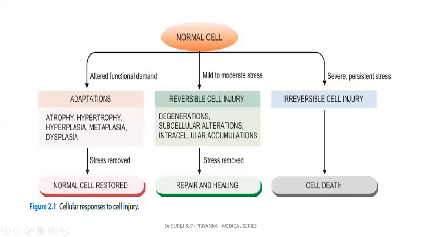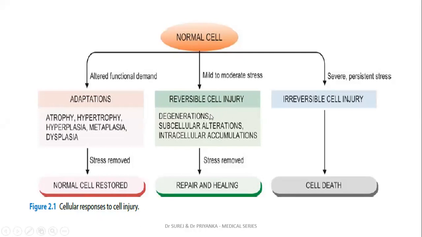To be precise, for your knowledge, I'm simplifying again. In a normal cell, if there is an altered functional demand, it will go for adaptations: atrophy, hypertrophy, hyperplasia, metaplasia, dysplasia. If the stress is removed, the normal cell will be restored. If it is mild to moderate stress, reversible cell injury.